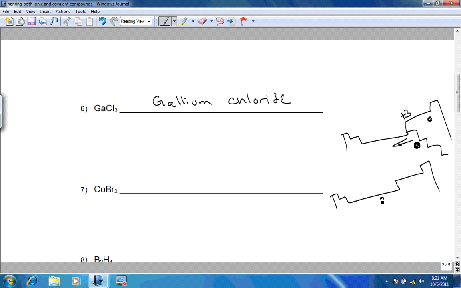Cobalt is right here, while bromine is over here. We have a metal with a nonmetal, so that means we will not be using prefixes. We'll just be writing the cation and anion. I cannot determine the charge of cobalt by looking at the periodic table. That means I'm going to need a space there for the Roman numerals.